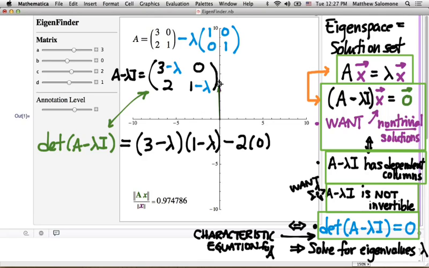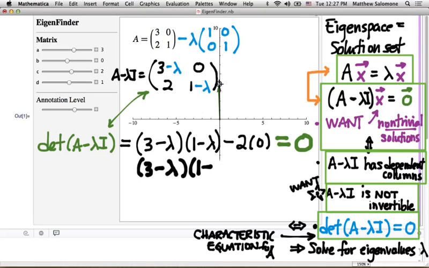And then I'm supposed to, in order to determine the eigenvalues, set this equal to 0 and solve for lambda. So let's finish the algebra on the left-hand side. I'm going to leave it factored actually: 3 minus lambda, 1 minus lambda, minus 0, is equal to 0.